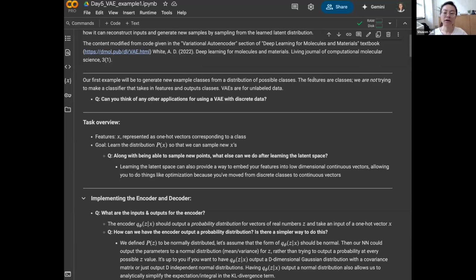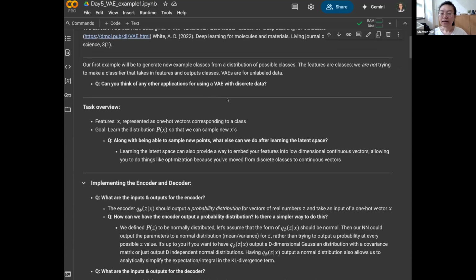It's one-hot, so basically a vector of all zeros, except there's a one in one of those 32 cells in your vector that tells you which of the 32 classes it belongs in. That's what you usually do for any type of categorical machine learning model. Here, we're not trying to make a classifier, but we just want to take in some feature and say what class it is. And they're unlabeled as well.